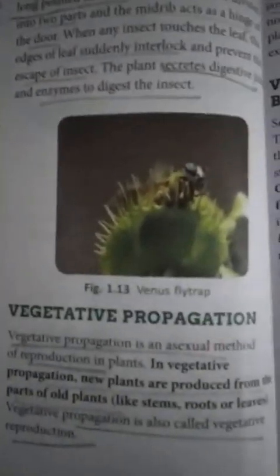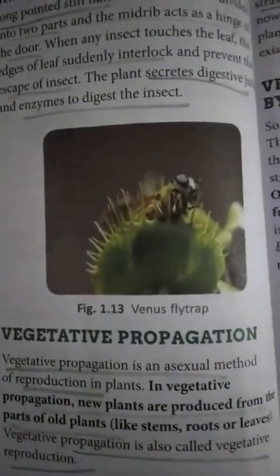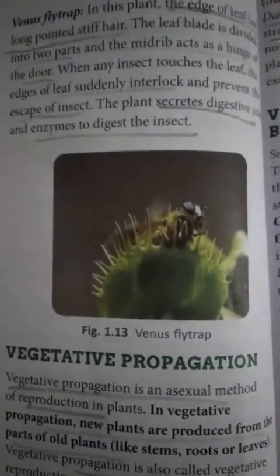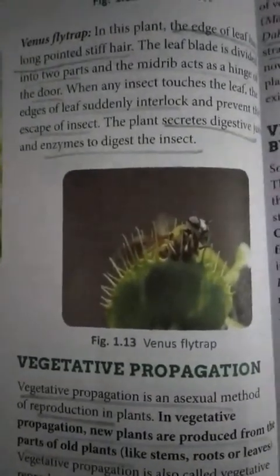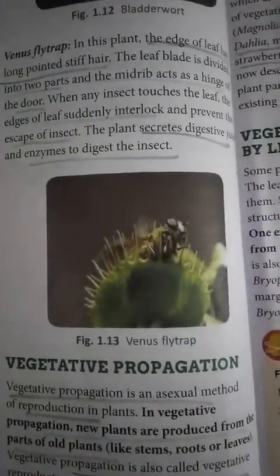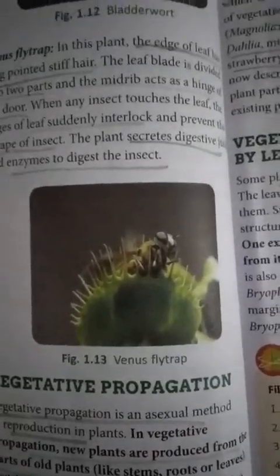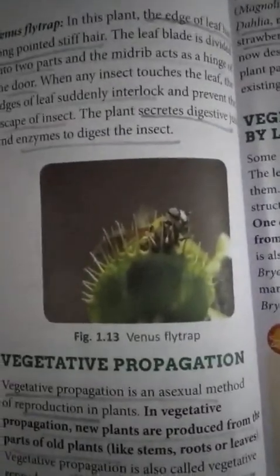Now vegetative propagation. Vegetative propagation is an asexual method of reproduction. Reproduction means production of new plants, okay, and asexual means without any mating, reproduction through the vegetative parts, that can be stem, root, leaves, okay.